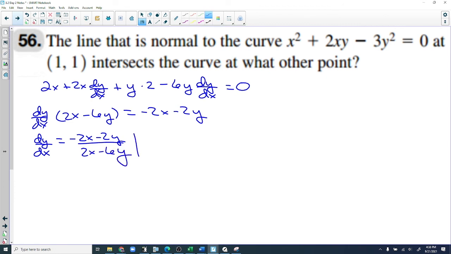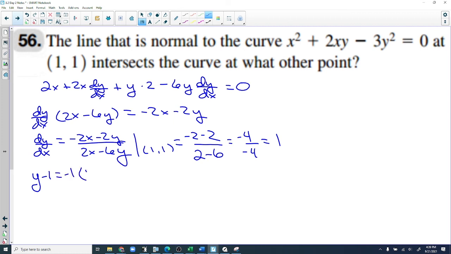And we're evaluating this at (1, 1). So negative 2 minus 2 over 2 minus 6. So negative 4 over negative 4, we get 1. So the normal is y minus 1 is equal to negative 1 times (x minus 1). That's the normal. And now let's get y by itself. So y equals negative x plus 1 plus 1, so negative x plus 2. Now that's the normal line.